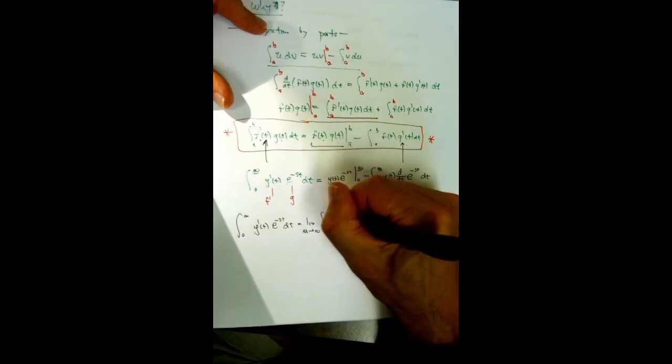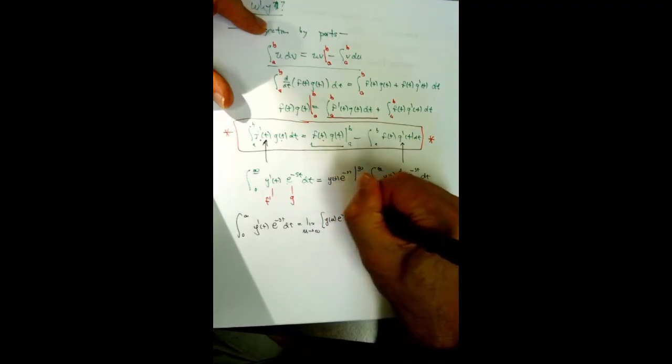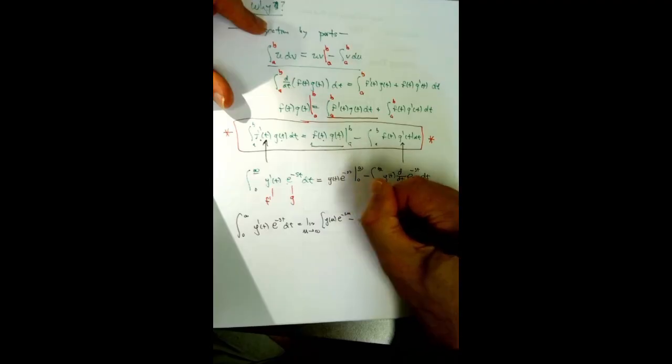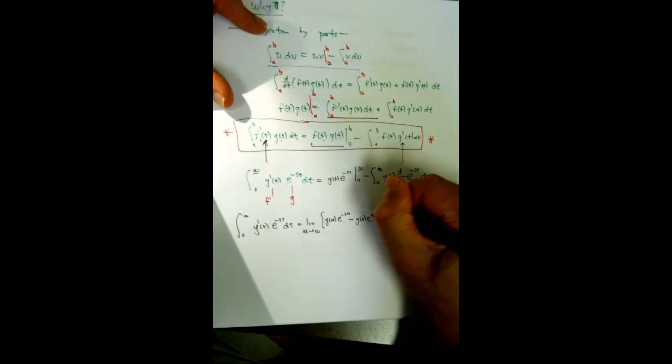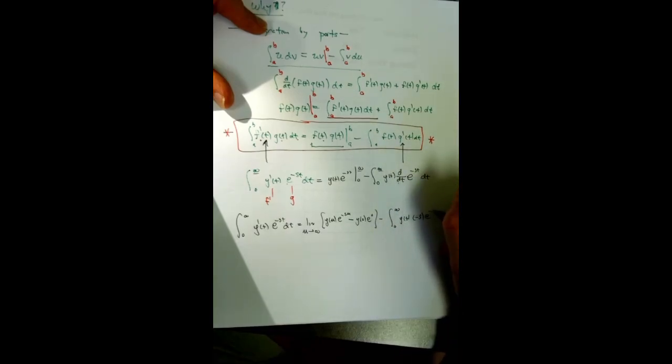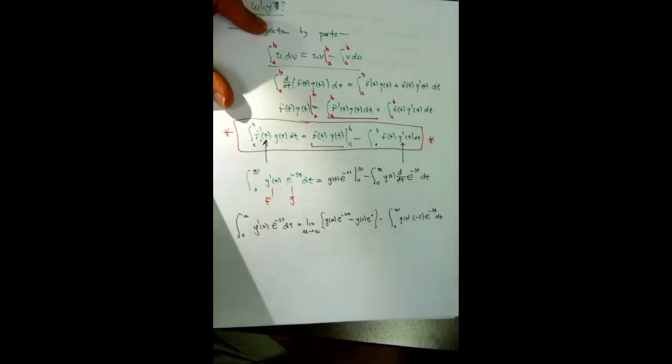So this becomes y of m e to the minus sm minus y of 0 e to the 0. I'm going to have minus 0 to infinity y of t. The derivative with respect to t of e to the minus st is minus s e to the minus st dt.